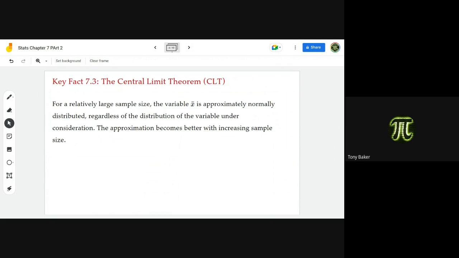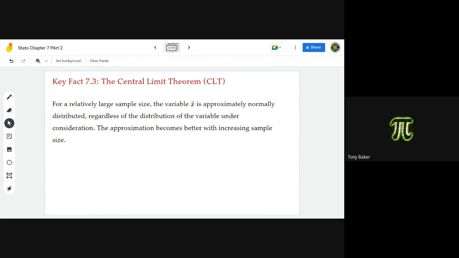All right. So once you get past 30, you can make the assumption that that data will be normally distributed. So once we take a sample size of 30 or more, we can assume that that's going to be normally distributed. If we have a population of at least 30 people, we can assume that the stuff that's in it is going to be normally distributed. Obviously, the more we have, the better that's going to appear.